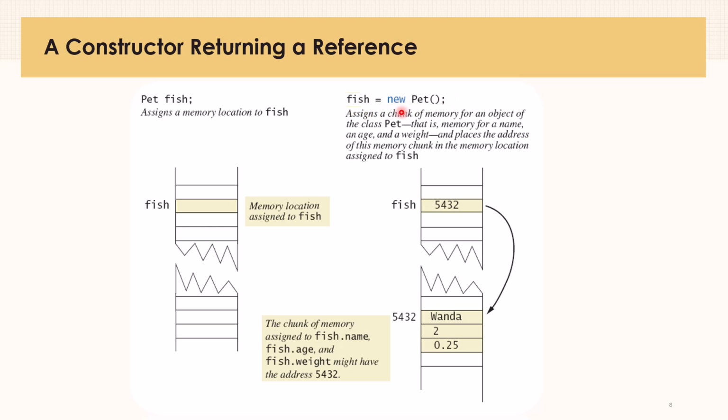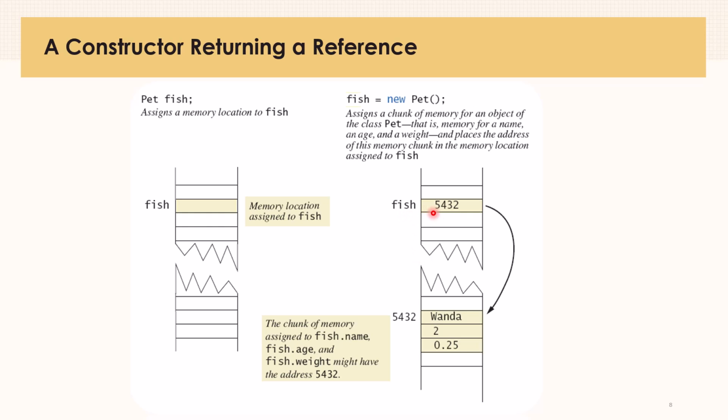However, if you write fish equals new, so new here will create an object, and remember that for the Pet it has a name, age, and weight. So it will create an object and will put data for these instance variables and will save them somewhere in the memory. So notice now the variable fish is in one place and the contents of the object are saved in different places.